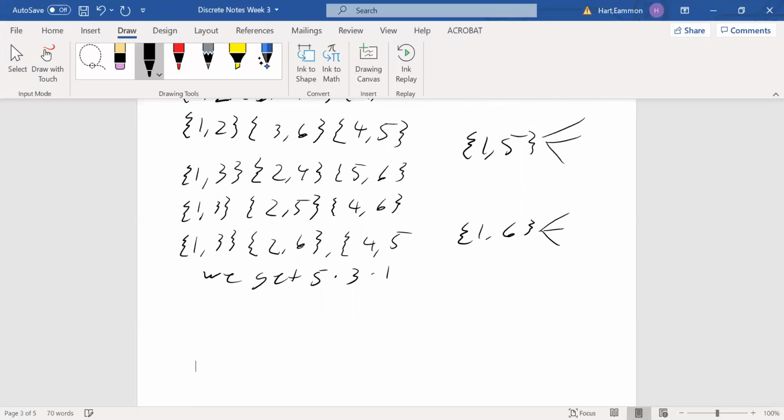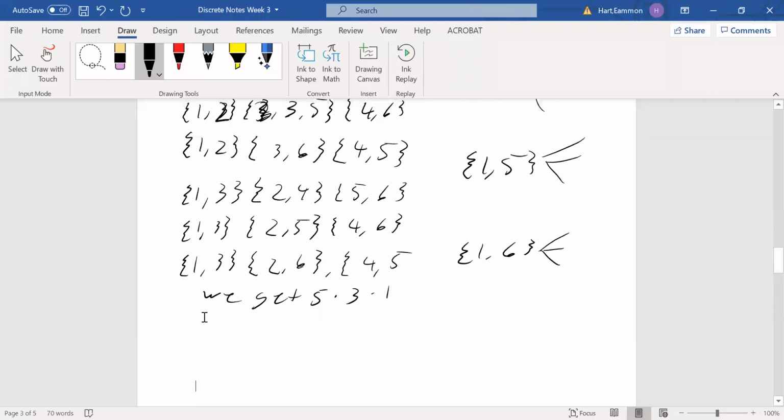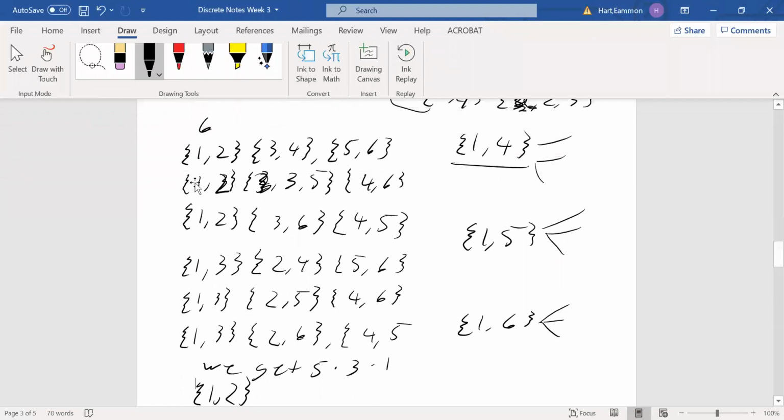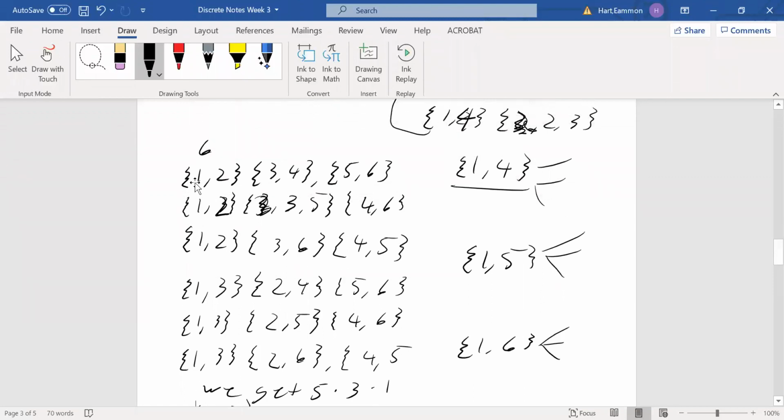Now, what happens if we do all of the options for 8? So then I have 1 paired with 2. But once I have 1 paired with 2, I have 6 remaining objects left that I can pair up, which is going to look basically the same as all of these guys.